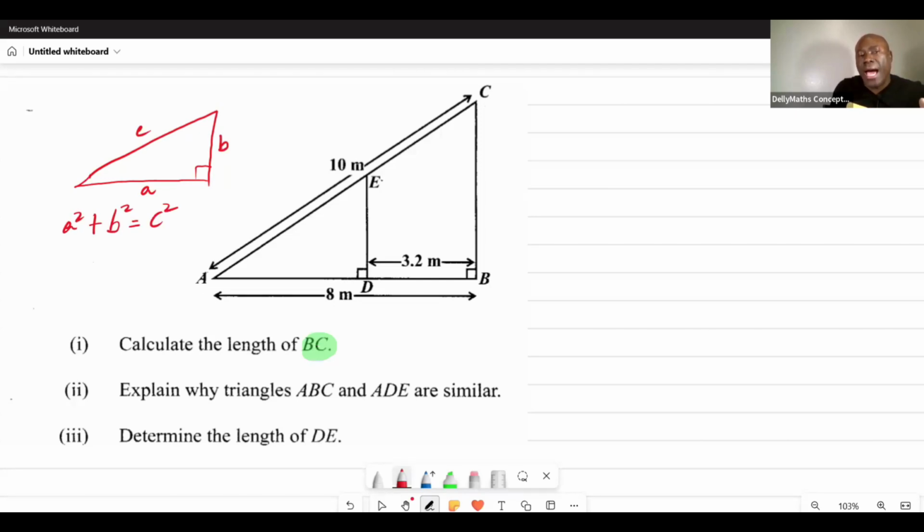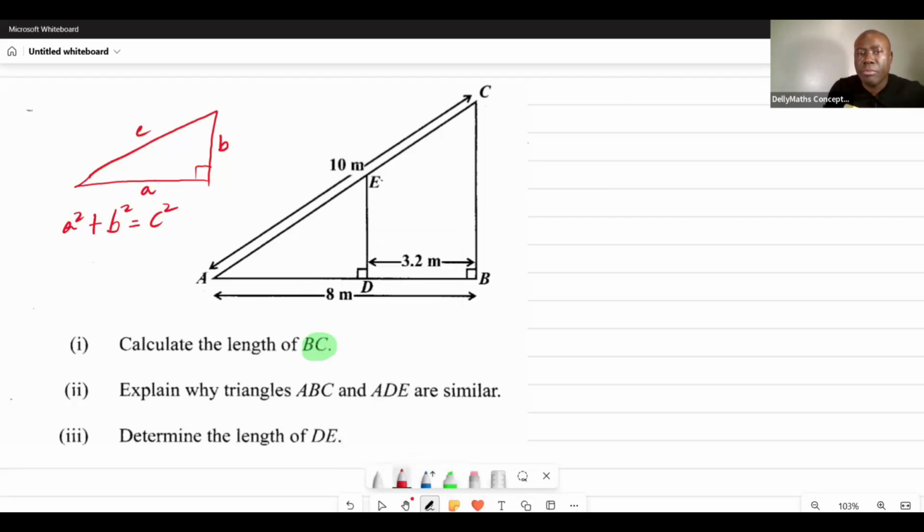So in this case, we do realize that the 10 would be our larger side, and then 8 and BC are the two shorter sides.